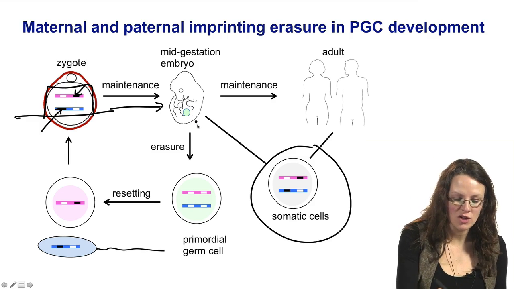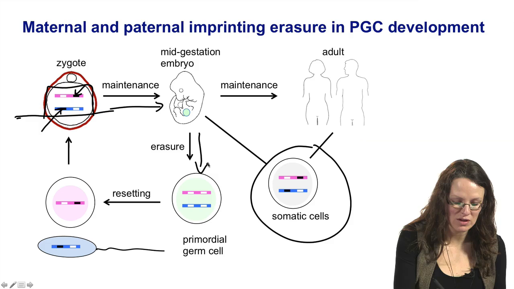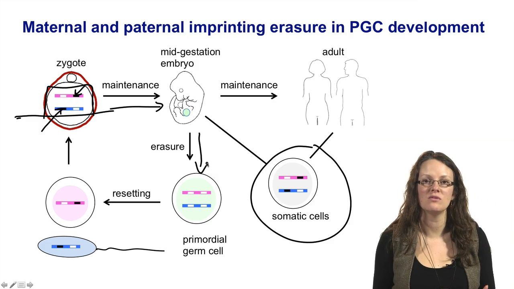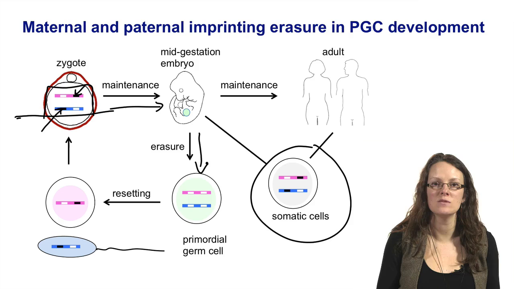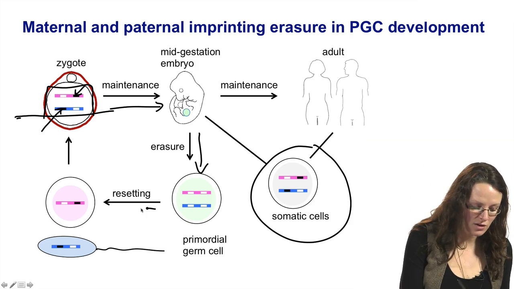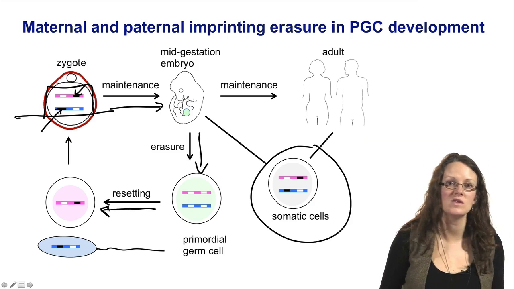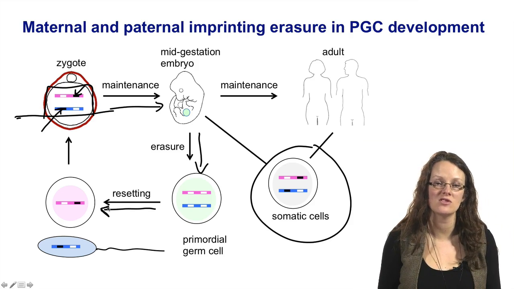When the primordial germ cells are developing, they erase the DNA methylation marks, as shown here. So in the primordial germ cells, you now have no methylation at these imprint control regions. Then resetting happens differently, depending on whether that embryo is a female or a male. If it's a female, you'll have resetting of the maternal-specific epigenetic marks.